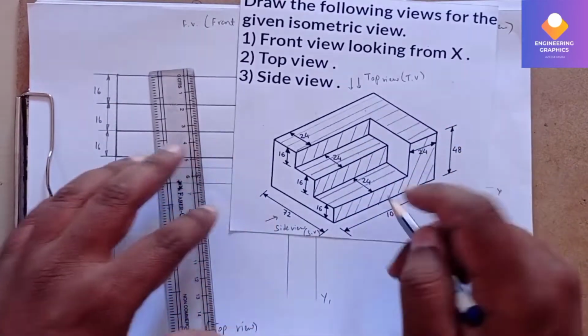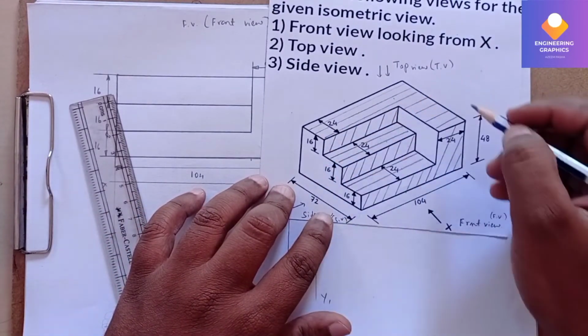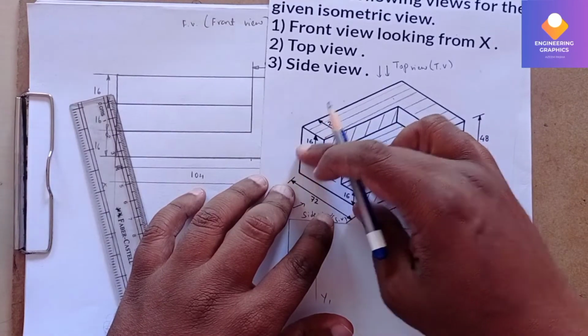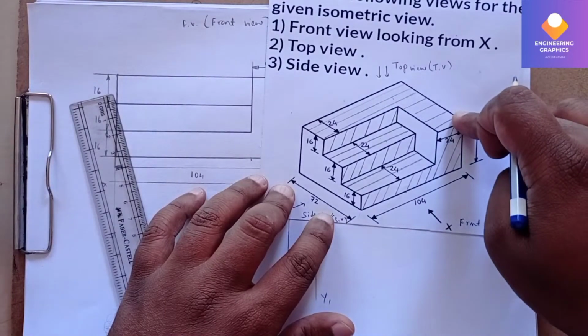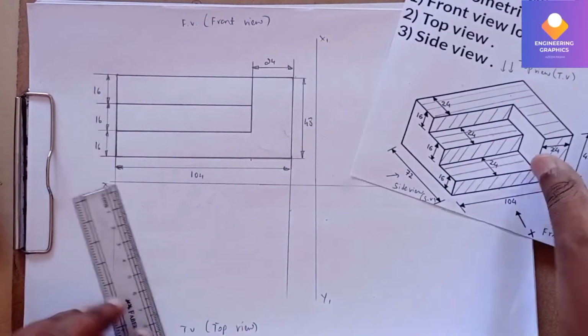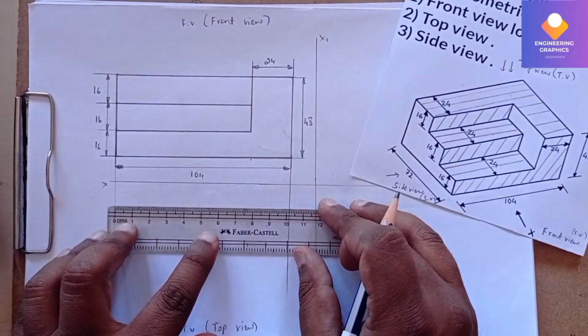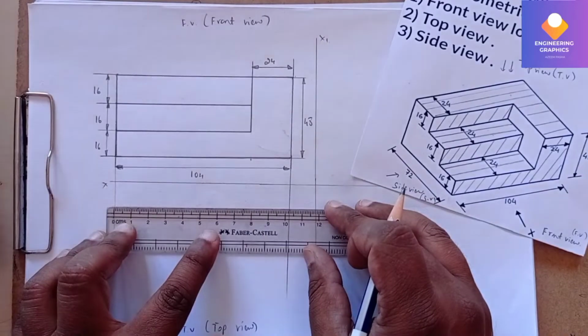You can see it is having a length of 104, and then it is having a width of 72. We should construct a rectangle of 104 by 72 here. First I will construct that 104, and then I will take 72. 104 we already have here, so you can just draw a line.